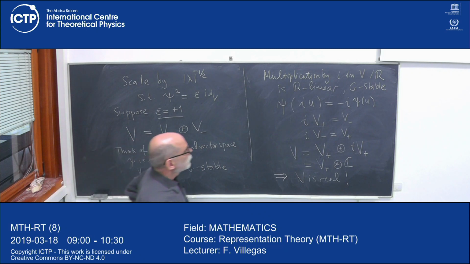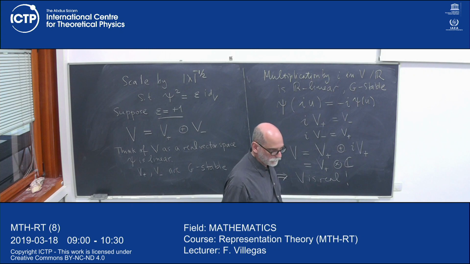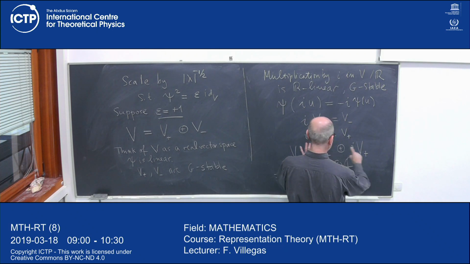Okay? So why is V real? Because it's equal to V plus tensor C. This is a G representation, and the V that we have is obtained by tensoring this real representation with C.